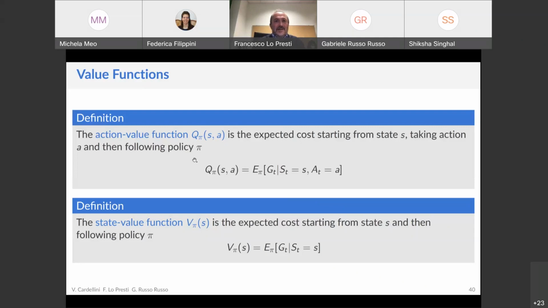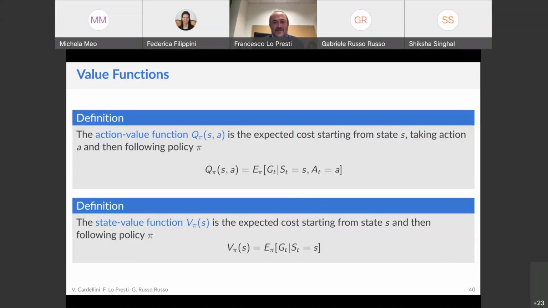So the idea is that I'm using a policy pi, and I wonder what is my expected cost if in a given state S I take action A and then I keep going with the policy I have been using. More generally, I can also care about the state value function, which is the expected cost starting at a given state and from this state using the policy.